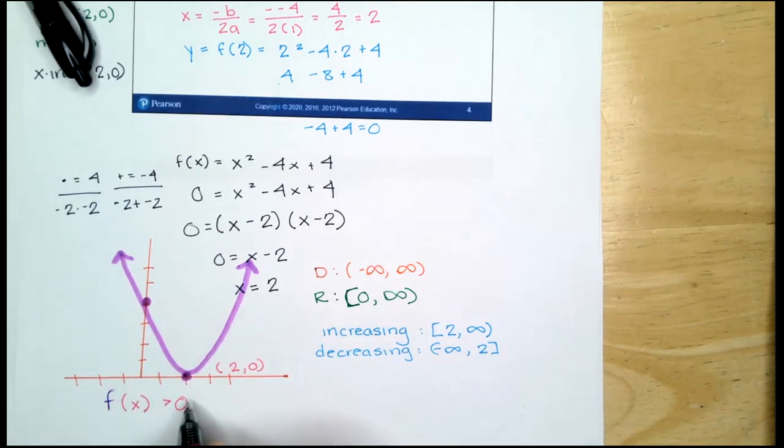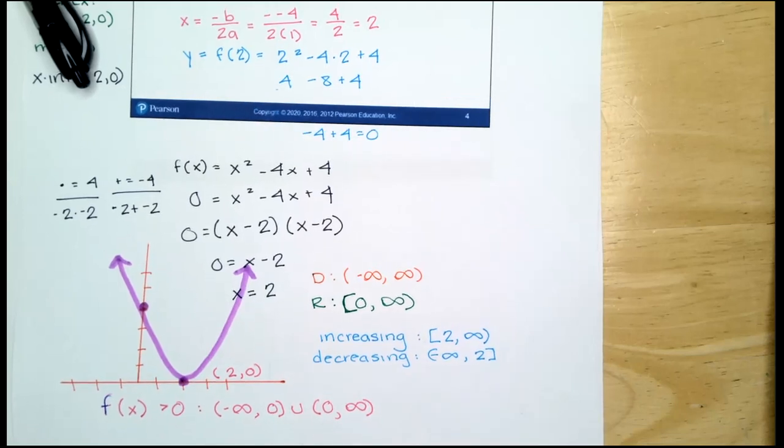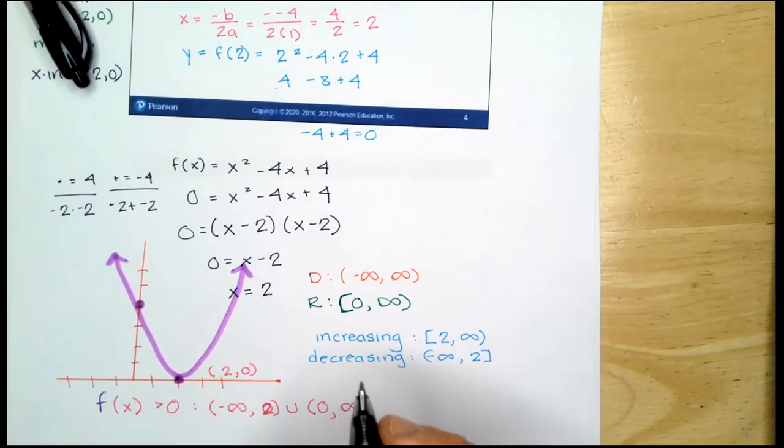So we have to say it's above 0 from negative infinity until and not including 2, and then again from 2 to positive infinity. Bad.